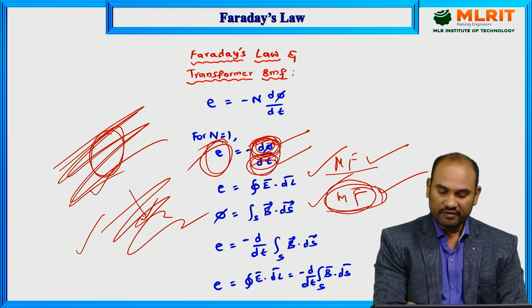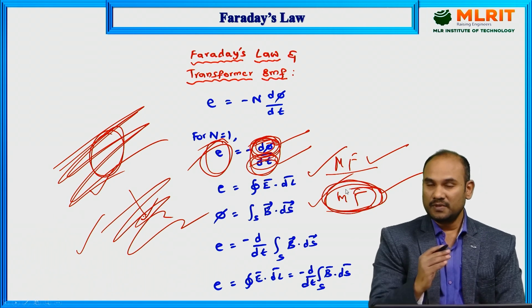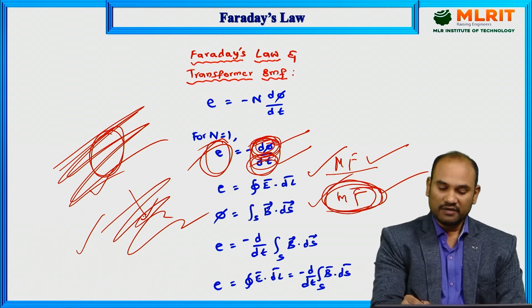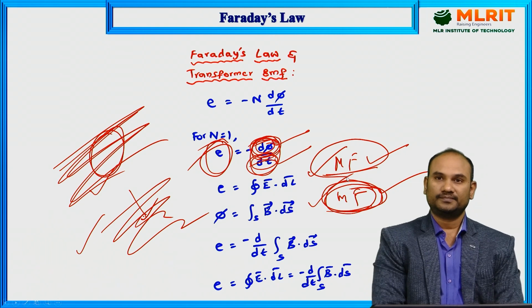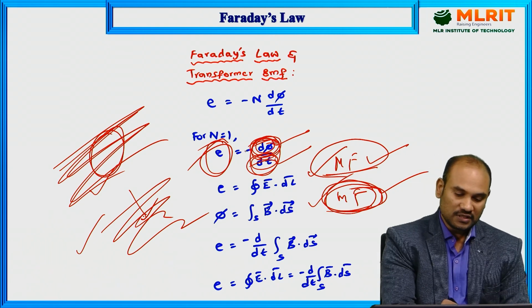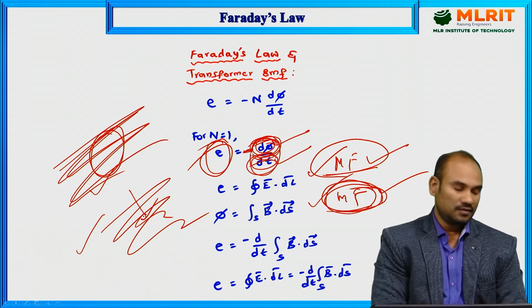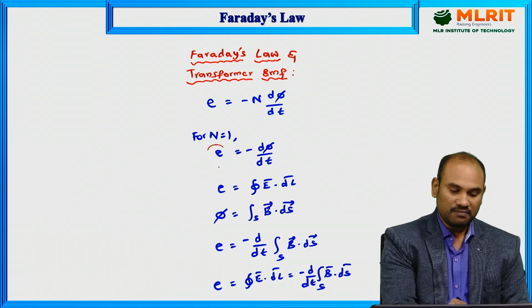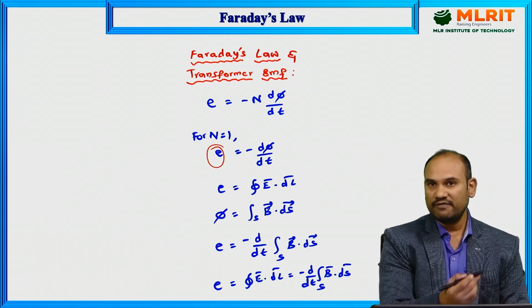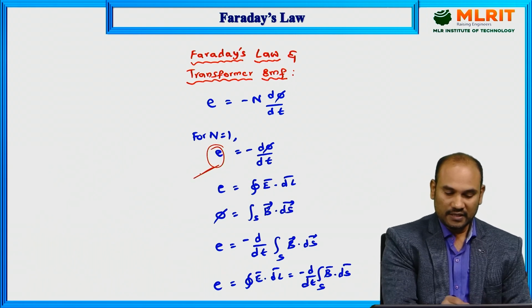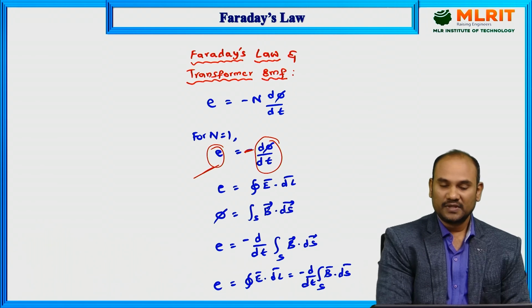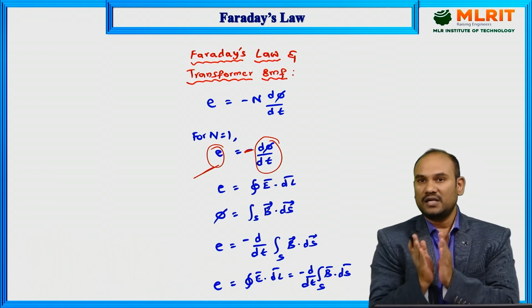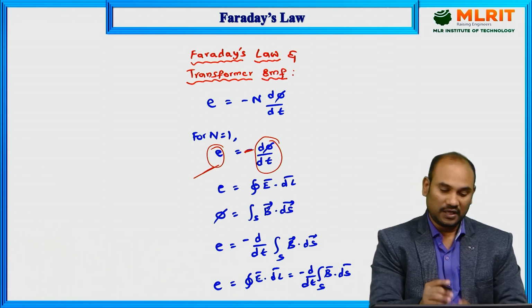That means whatever secondary magnetic field has been produced due to the current will oppose the primary magnetic field. So hence we use this negative sign, opposing. On one side you have EMF, which is giving rise to current and giving rise to magnetic field. That is minus of this magnetic field. That means the primary magnetic field and secondary magnetic field will oppose each other. That is the meaning of this negative sign.